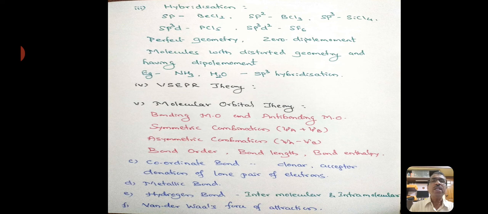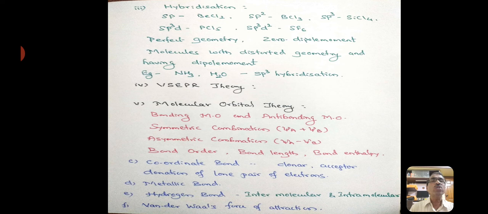You have also studied the hydrogen bond. The hydrogen bond is formed when a hydrogen atom lies between two strongly electronegative atoms like N, O, F: nitrogen, oxygen, or fluorine.